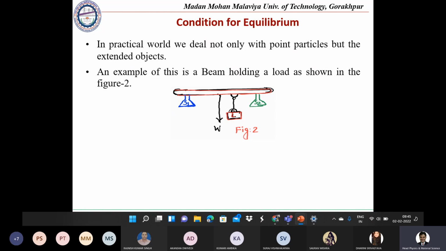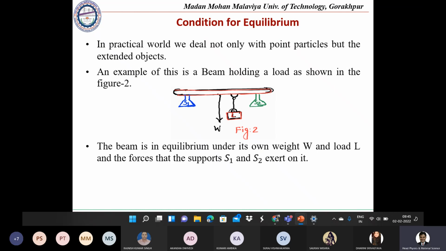If this situation is there, then what condition of equilibrium will be required? What else do we have to consider along with the summation of the forces being 0? The beam is in equilibrium under its own weight W and the load L, and the forces on the supports S1 and S2, on which the rod has been placed.